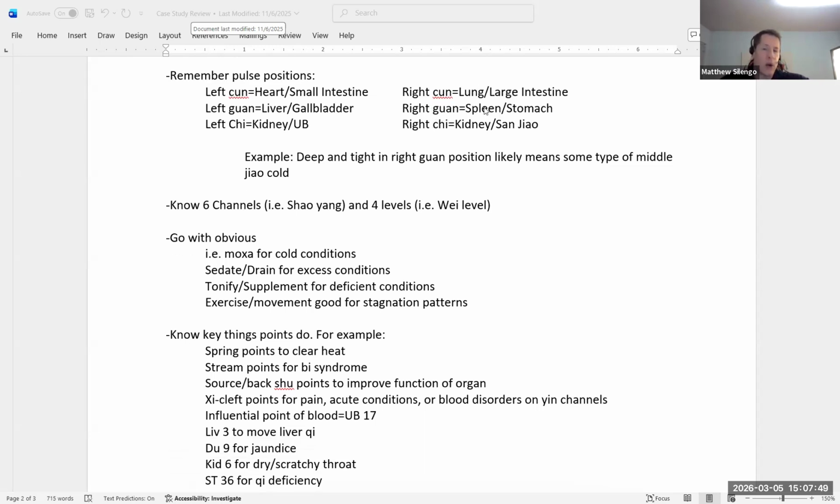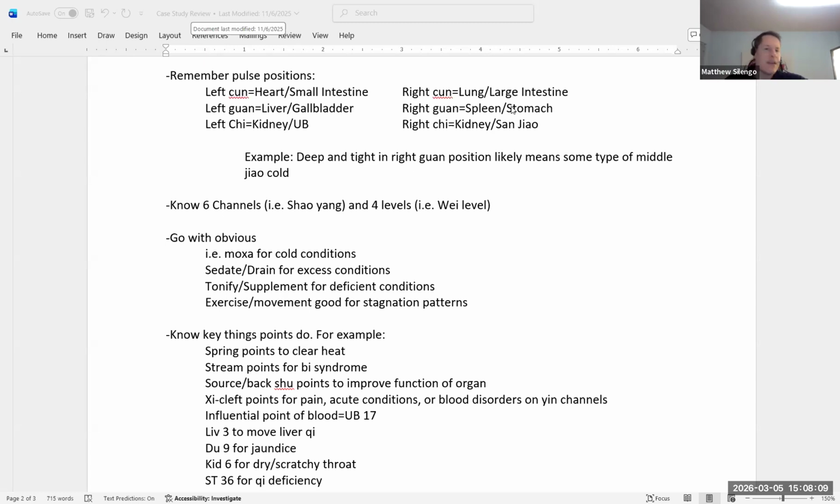If you know the right guan position relates to the spleen stomach, then you know it's a middle jiao or spleen stomach deficiency of some sort. In other words, it's not heart fire, it's not liver yin deficiency. It's something with the spleen stomach, some kind of deficiency there.